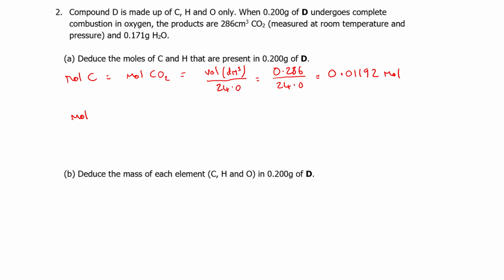So then we'll turn to the hydrogen, and again every single atom of hydrogen is going to end up as part of a water molecule, but of course it takes 2 hydrogen atoms to make each water molecule, and therefore the moles of hydrogen atoms will be twice as many as the moles of water. So you've got to remember that factor of 2 here, and you can see that that makes perfect sense just because the hydrogen atoms have to pair up to make water molecules, so you'll only get half as many moles of water molecules. So that's the basis for our calculation, 2 times the moles of water, and we're given the mass of water, so that's easy to turn into moles, obviously.